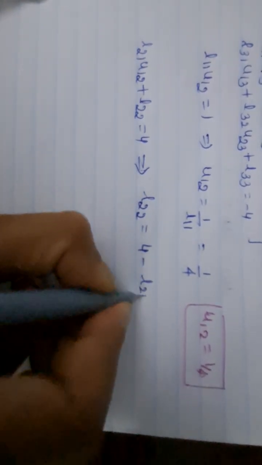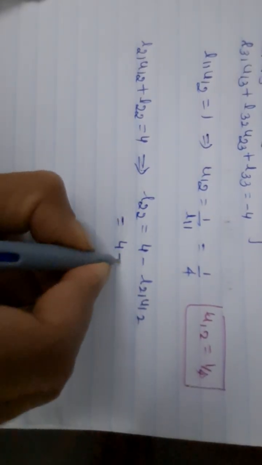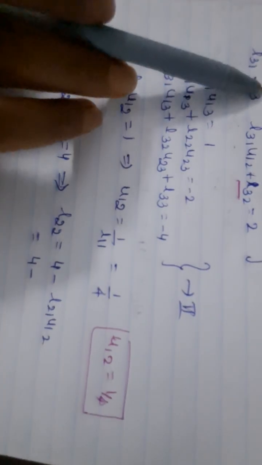So once you get the value of U12, similarly from system 1, we can find out L22. So we get L21 U12 plus L22 equal to 4. This implies L22 is 4 minus L21 U12. This is equal to 4 minus, your L21 is known, the value is 1 here.